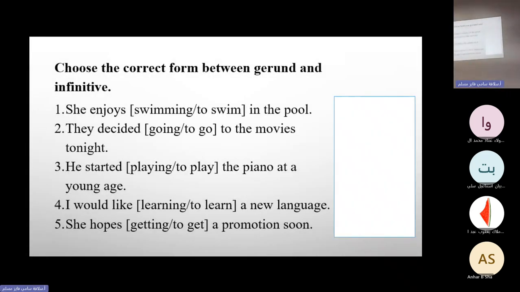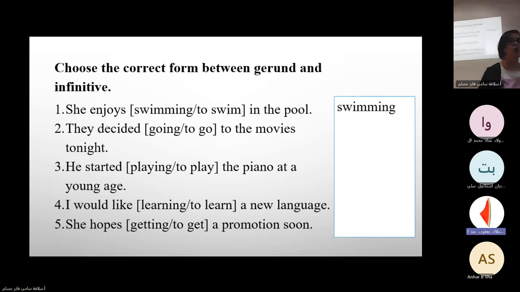Choose the correct form between the gerund and the infinitive, between ing and to. She enjoyed swimming or to swim in the pool? Swimming. They decided going or to go to the movies tonight? To go.